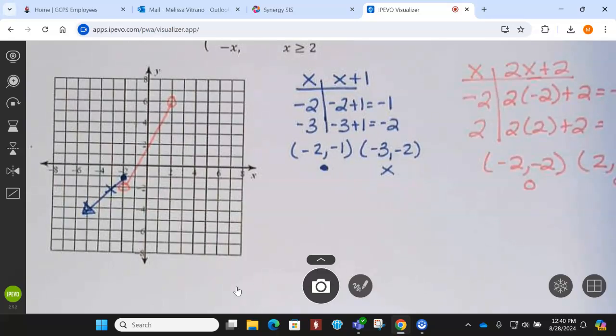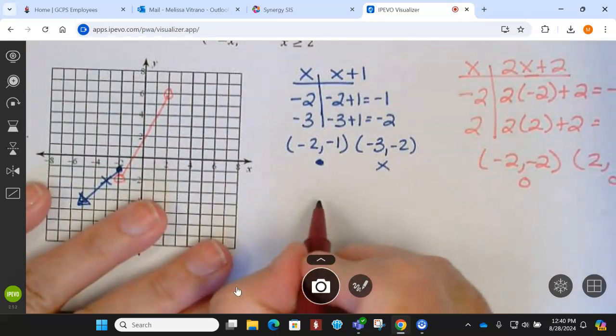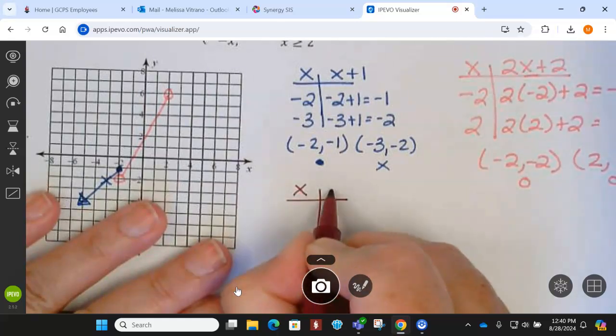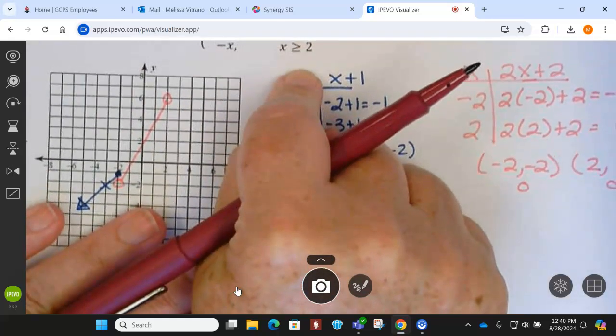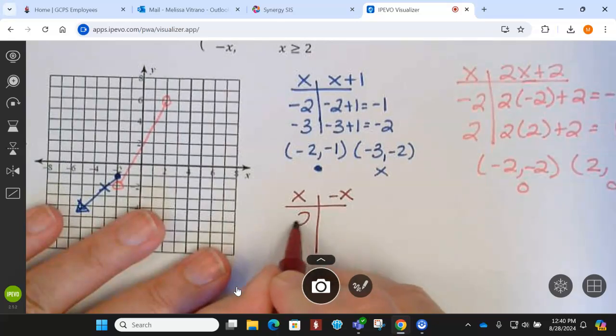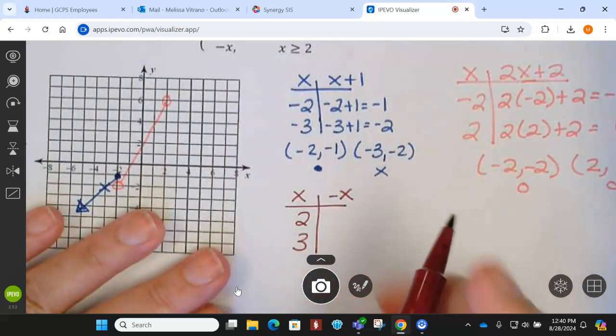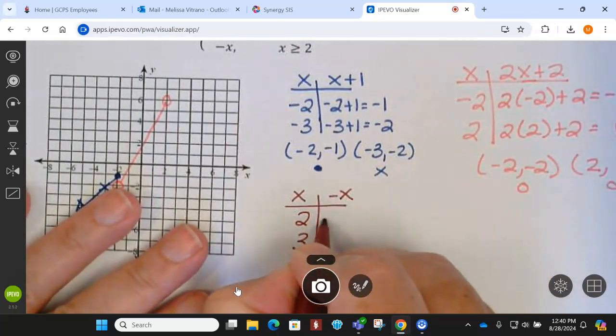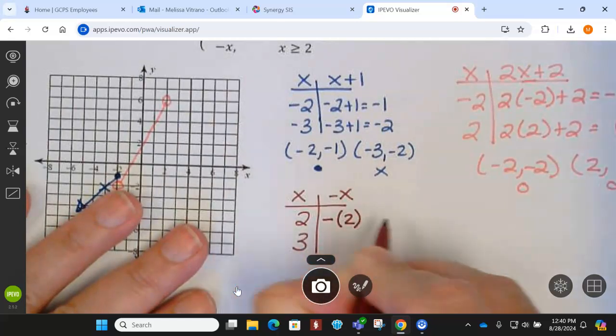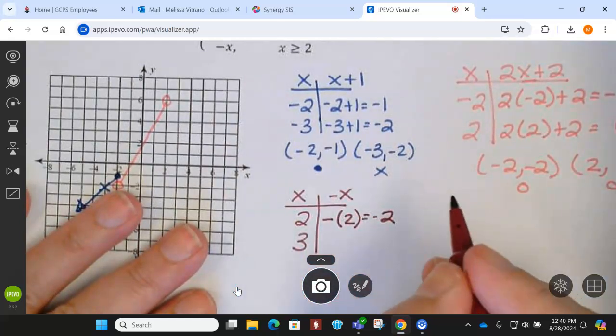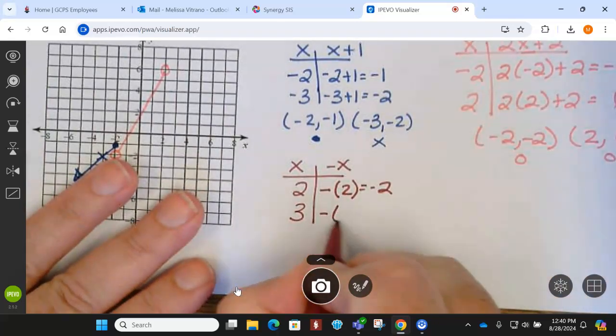Okay, and last but not least is that -x. So we want that 2, and we need a number bigger than 2, so 3. So you see that negative, so it's just going to be -2. And then -3.